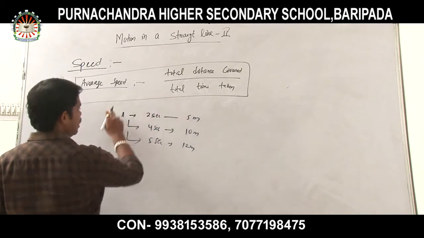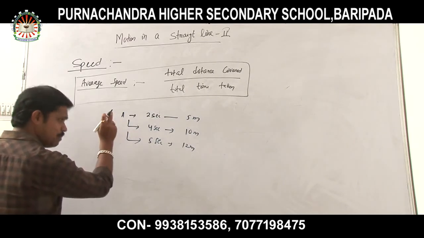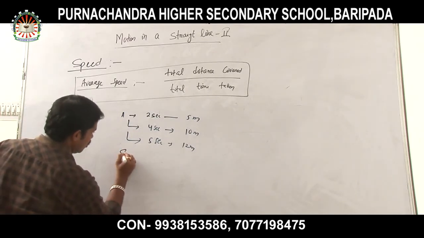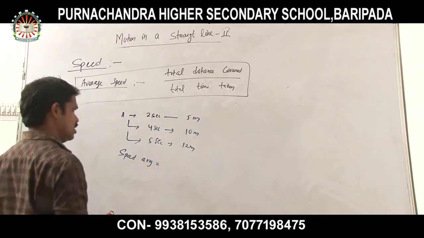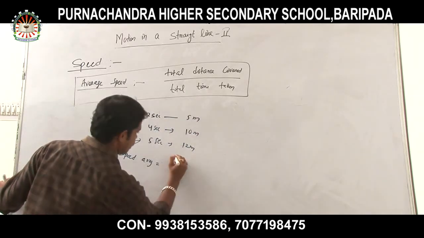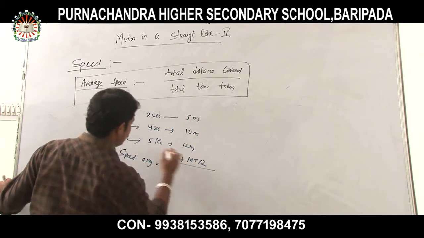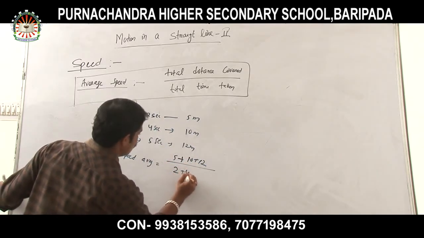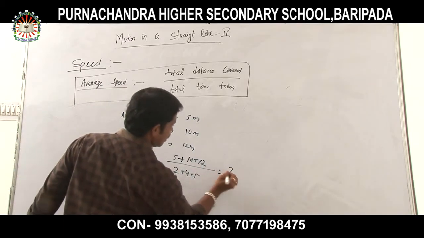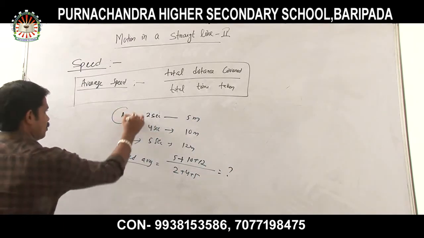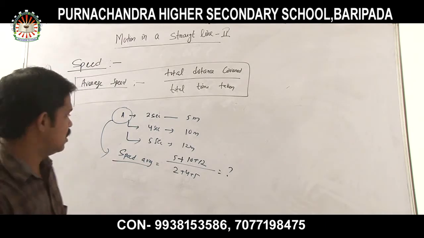If you have to find the average speed of A, then average speed is equal to the total distance covered, 5 plus 10 plus 12, divided by the total time taken, 2 plus 4 plus 5. Just calculate this and you get the average speed of object A. This is an example.